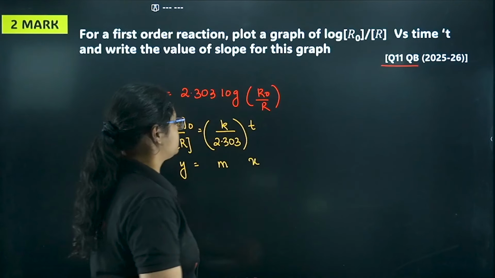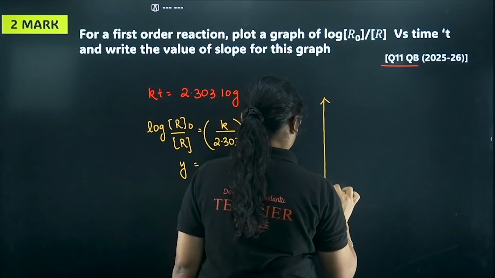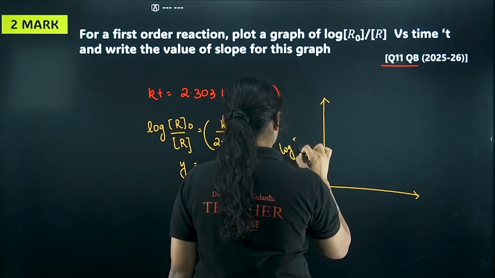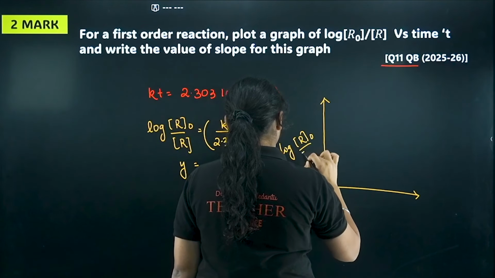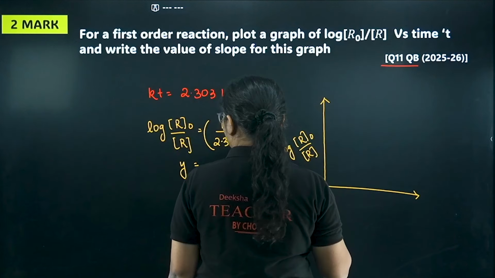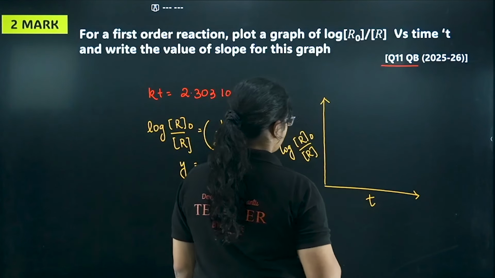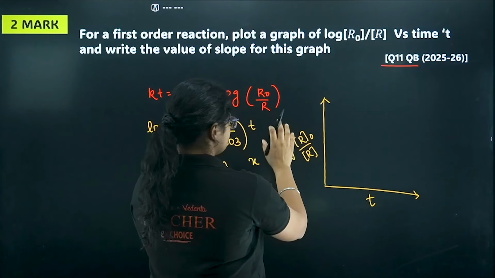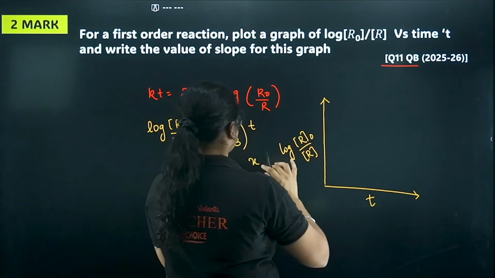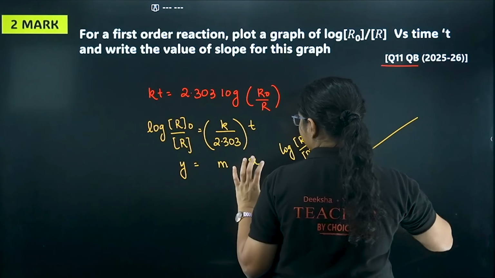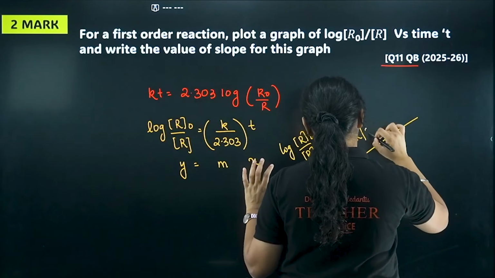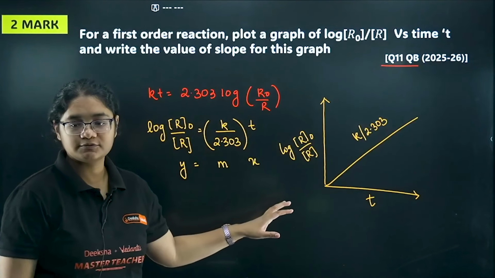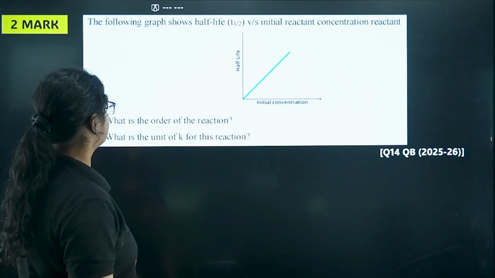Now let us try to draw the graph here. So this is log of r0 by r, and this is time. Okay, so the slope is positive, and there's no constant here, so it is a positive slope passing through the origin. So it will be a graph like this, and the slope here will be k by 2.303. Clear this one?